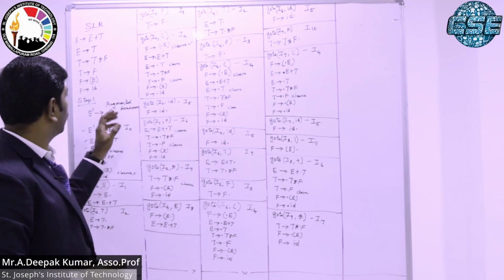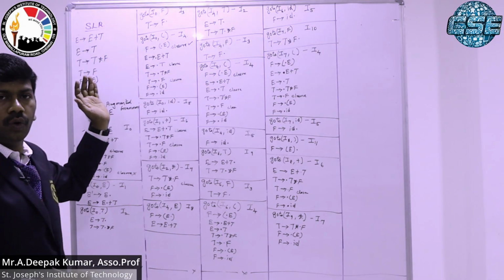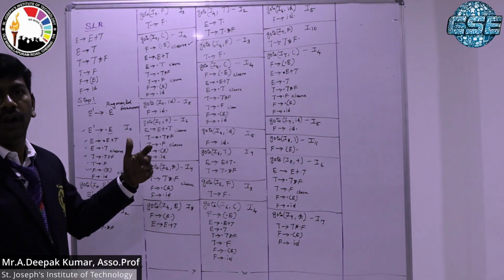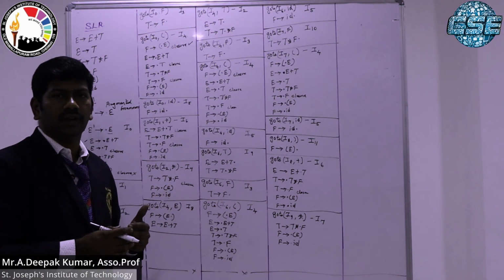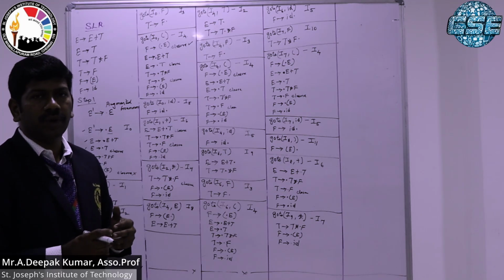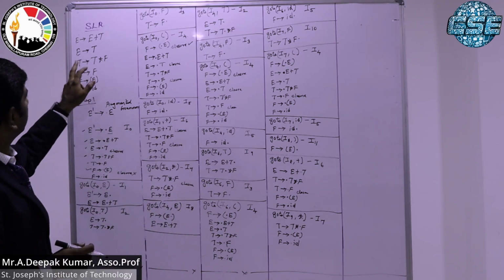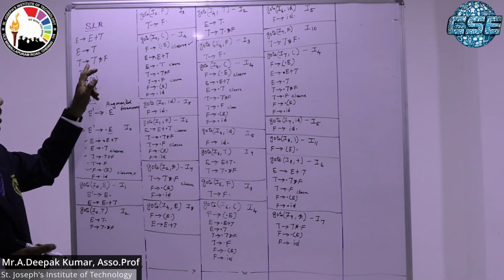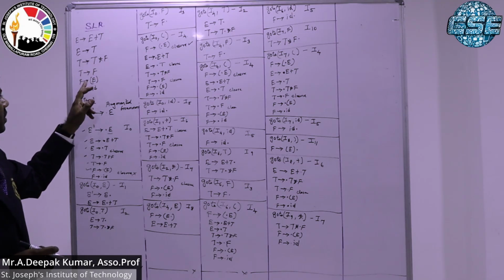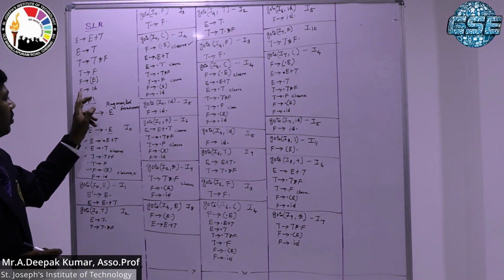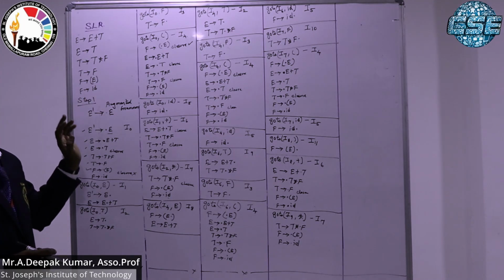We have extended the rule from this and goto operation till no more new states are possible. That is a place where you can stop this. Okay, so this is LR0 items for the given question E derives E plus T, E derives T, T derives T star F, T derives F, F derives open braces E close braces, F derives ID.